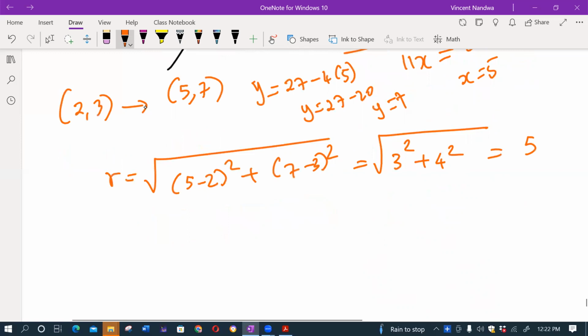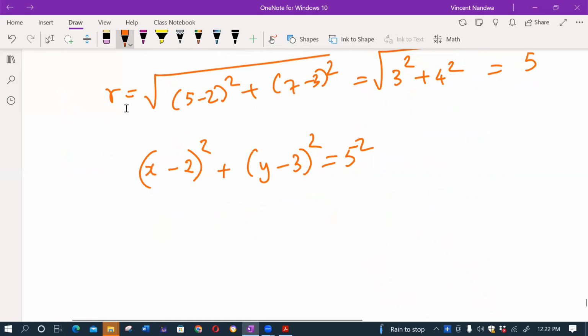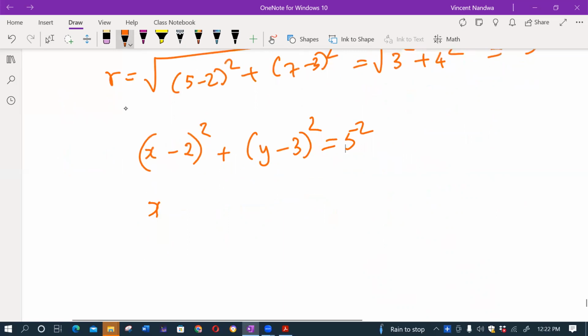So the equation of the circle will be (x minus 2) squared plus (y minus 3) squared equals 5 squared. So we'll have x squared minus 4x plus 4 plus y squared minus 6y plus 9 equals 25.